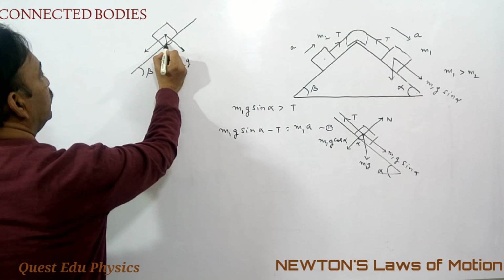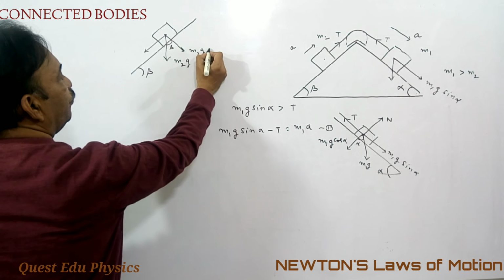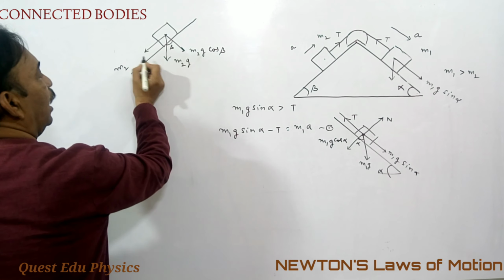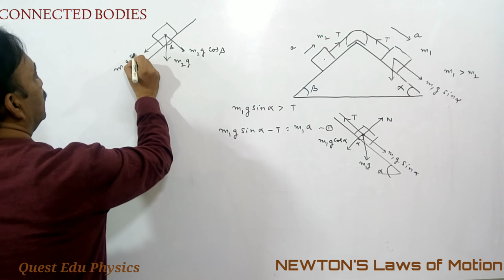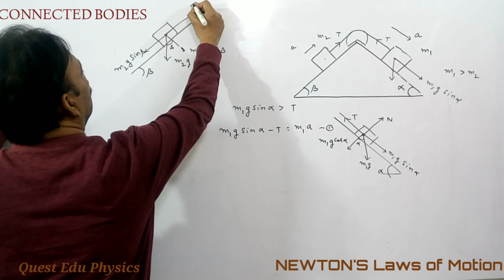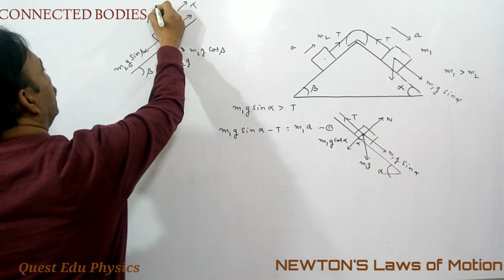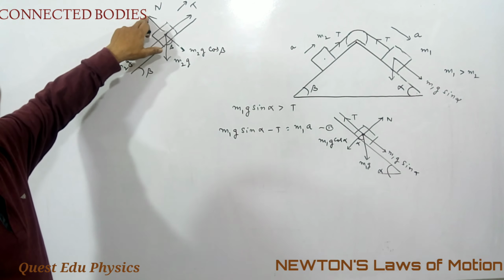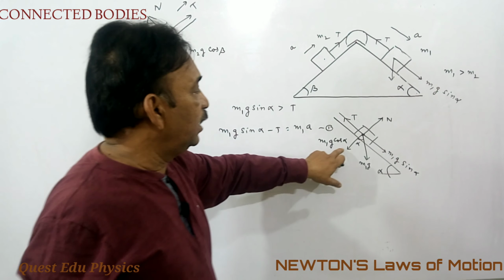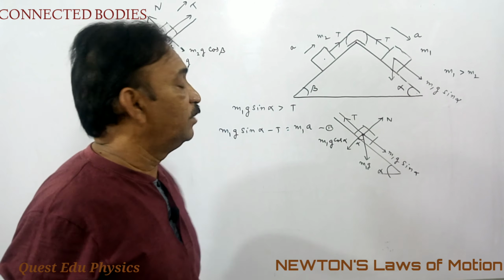Automatically it is m2g cos beta and m2g sine beta, with the tension in the direction of acceleration and the normal reaction. The normal reaction balances m2g cos beta, the same thing which happened here, where N is balanced with m1g cos alpha.